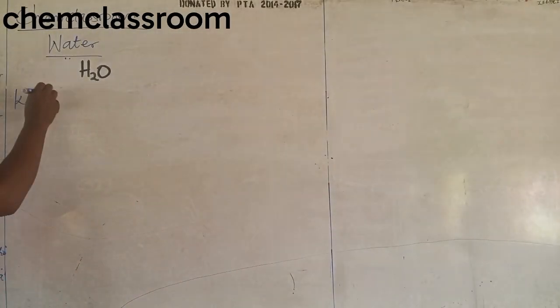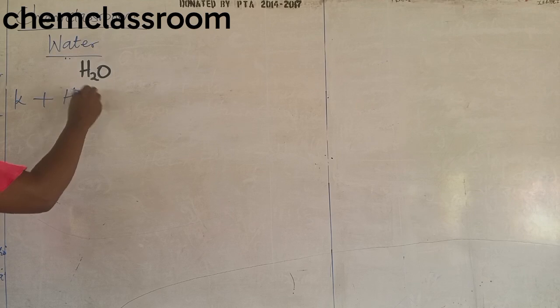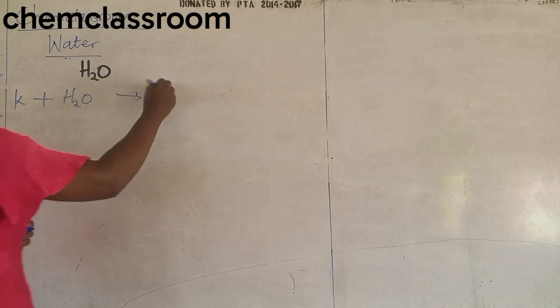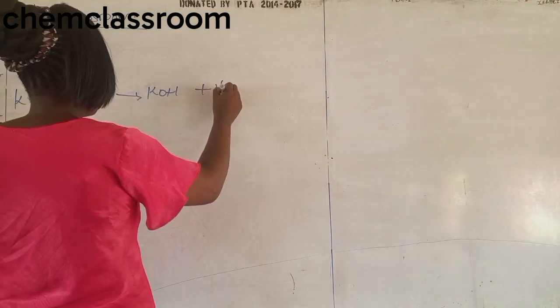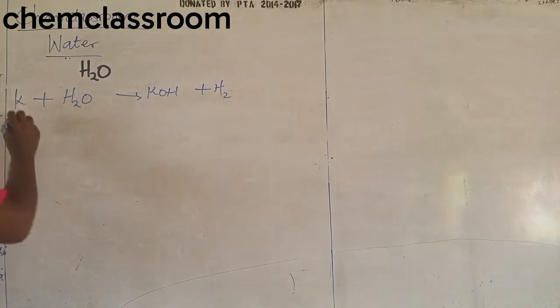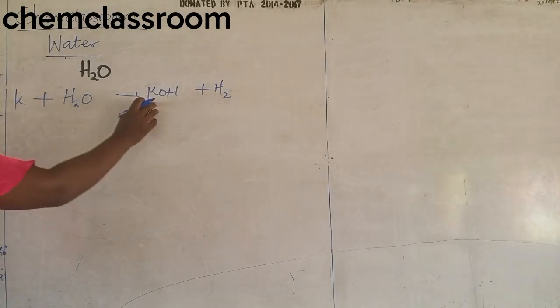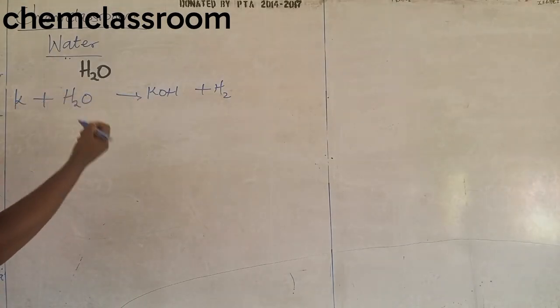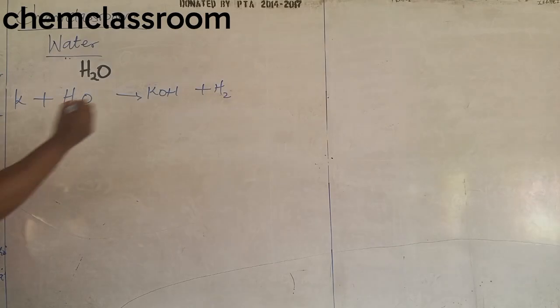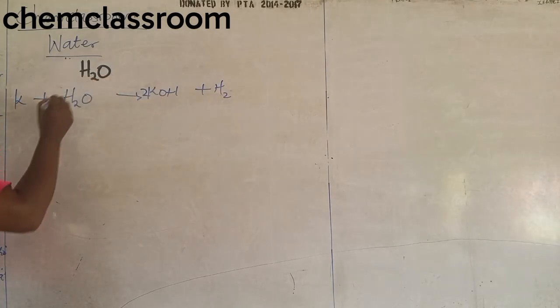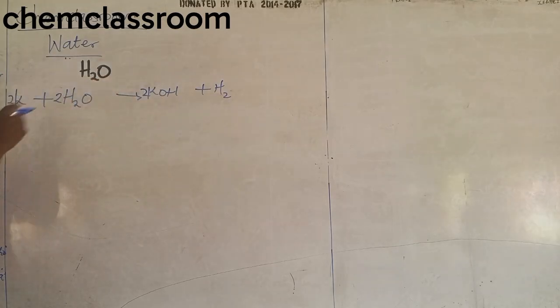Potassium plus H2O: hydrogen gas will be liberated, and potassium hydroxide will be formed. So let's try and balance the equation. I put 2 here, 2 here and 2 here. Okay, now the same reaction also goes for sodium and calcium.